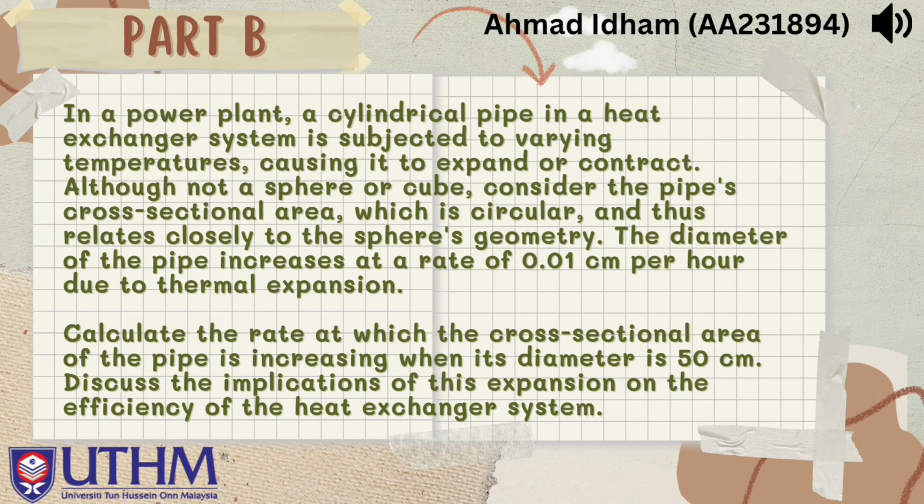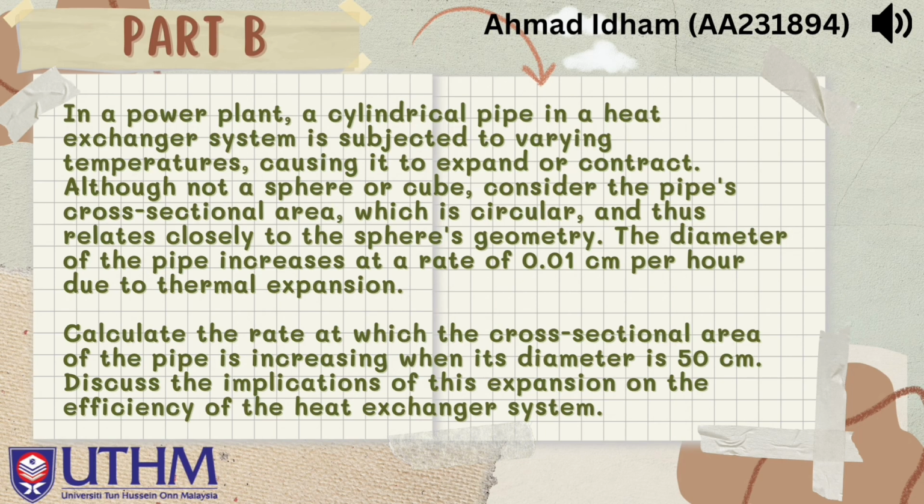Part B. For part B, in a power plant, a cylindrical pipe in a heat exchanger system is subjected to varying temperature, causing it to expand or contract. Although not a sphere or cube, consider the pipe's cross-sectional area, which is circular and thus relates closely to the sphere geometry.